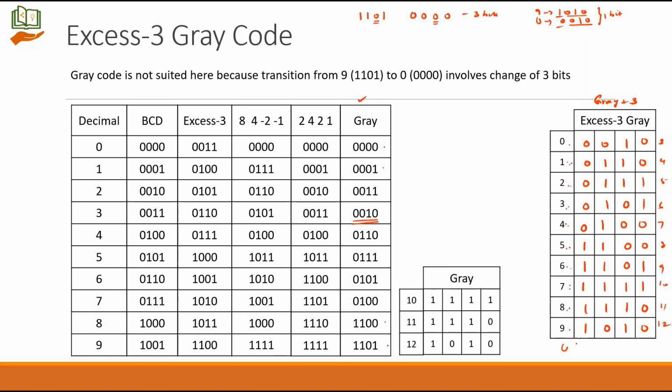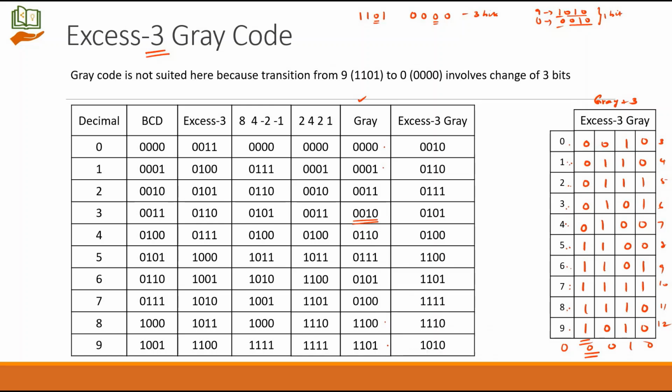From 9 when I go to 0, it is 0010, which is differing by 1 bit again. So this is satisfying that rule perfectly. So that's why they say gray code is not suited due to the transition from 9 to 0, but XS3 gray code is suiting because it follows the rule from 9 to 0 with change of only 1 bit.